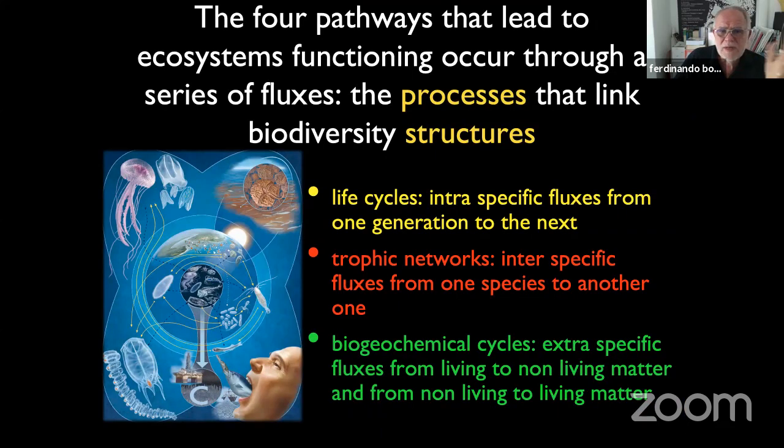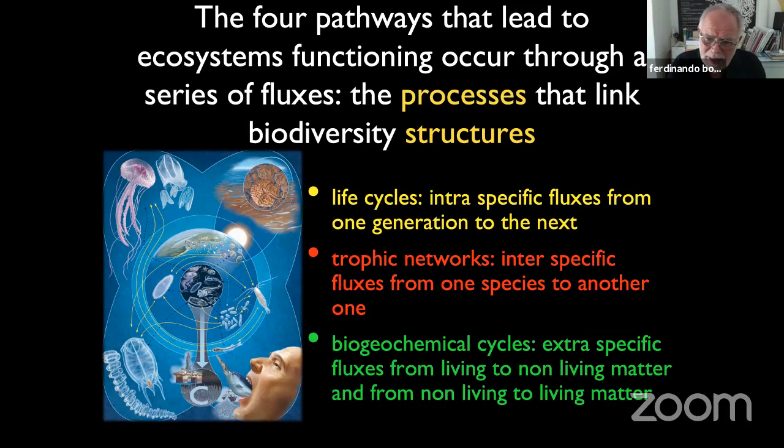These 4 pathways lead to ecosystem functioning. And this occurs through a series of fluxes that are the processes that link biodiversity structures. The first cycle is life cycles, and I call them intraspecific fluxes. They link one generation to the next. If this link is interrupted, the species becomes extinct.